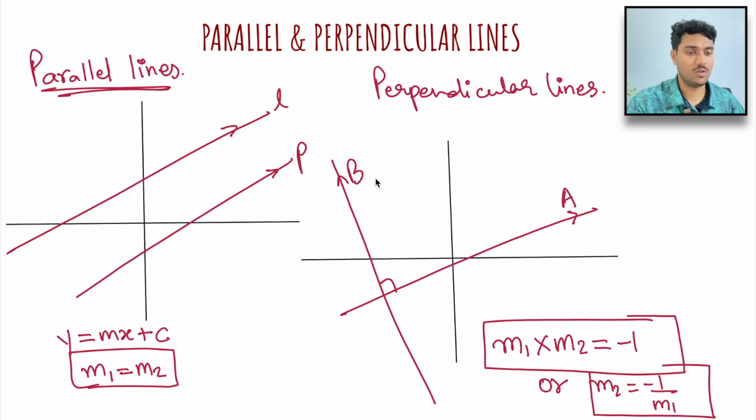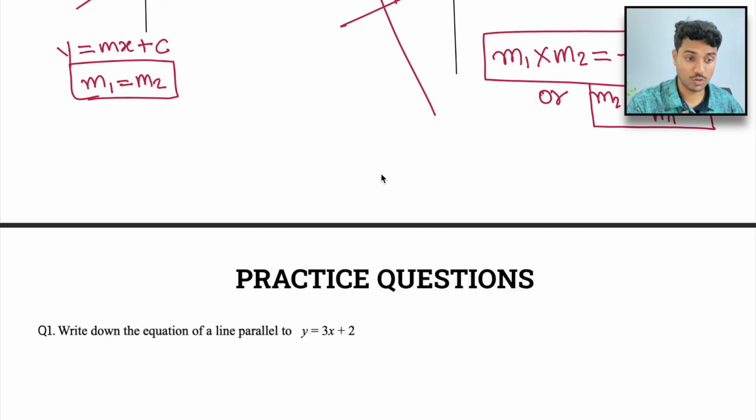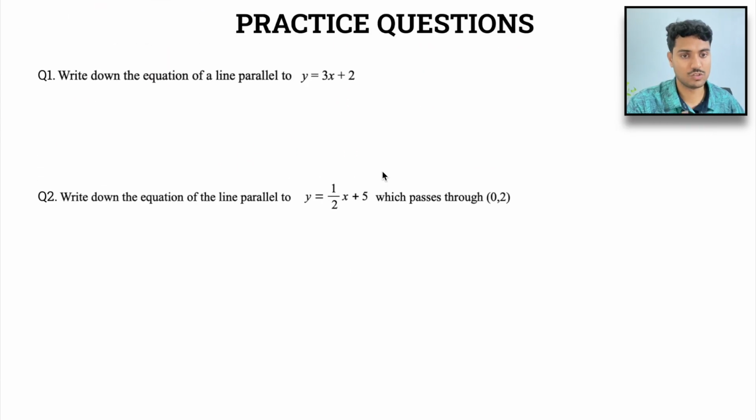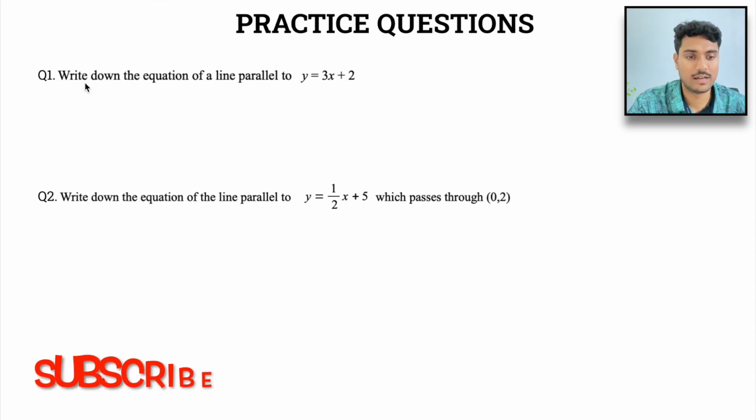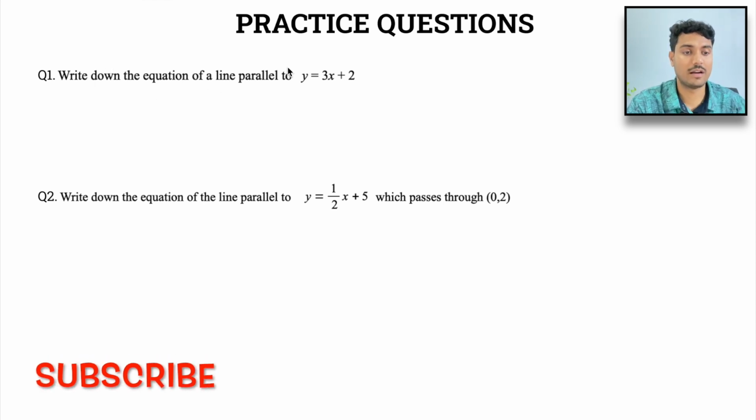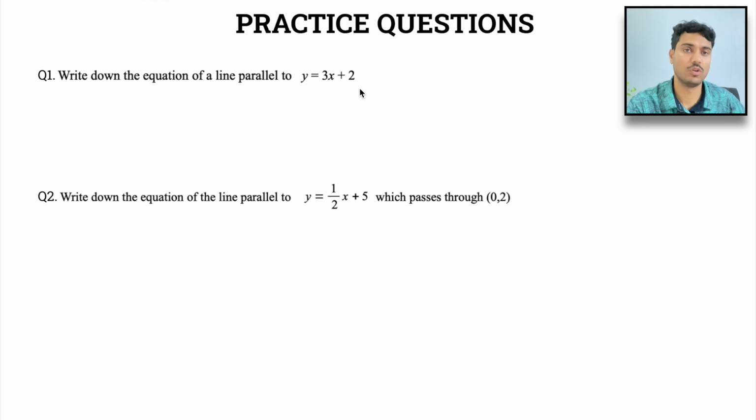Okay, now based on this, we'll try to solve a few questions. Question number 1 says write down the equation of a line parallel to y equals 3x plus 2. So the equation of a line is given to us, and we have to write down another equation which should be parallel to this.